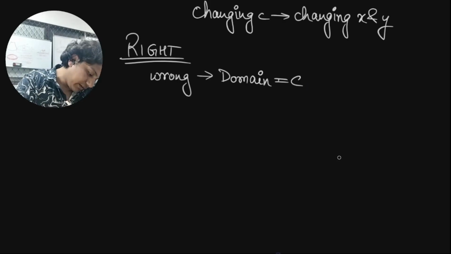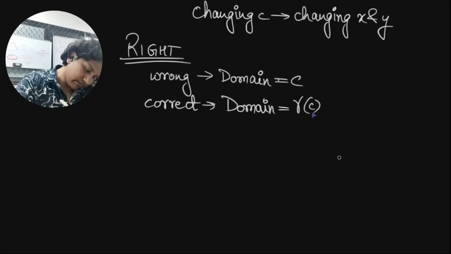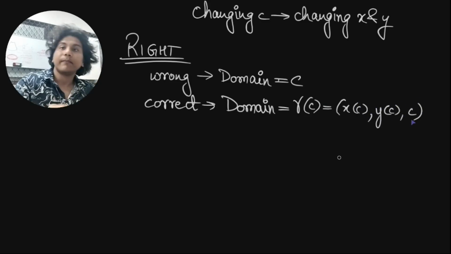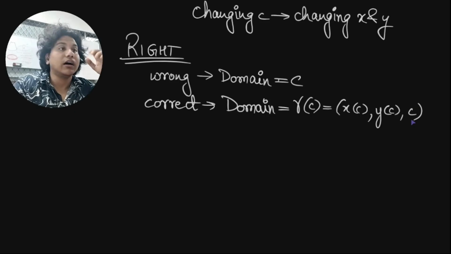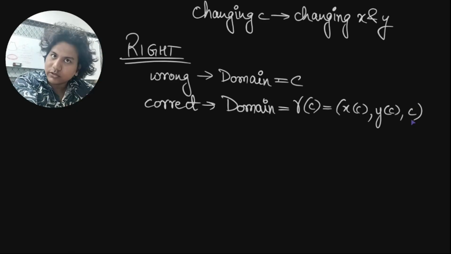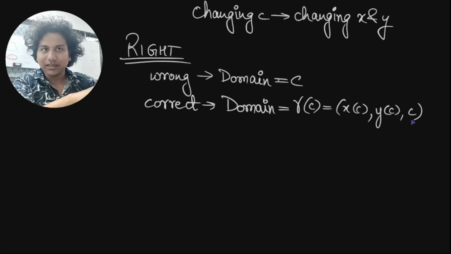Let's define a domain gamma, which is a function of c: x of c, y of c, c. Now this is our current new domain. So as c changes, so does x and so does y. And how they change is not really necessary.